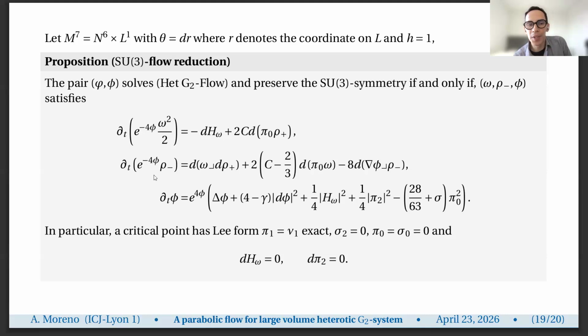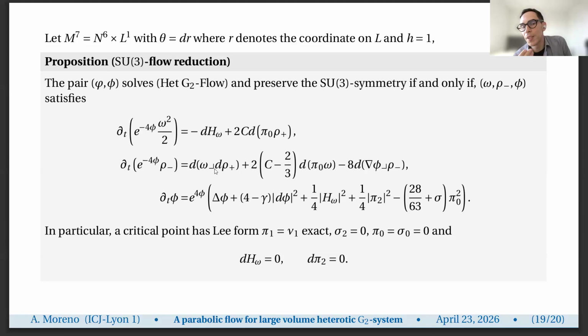The second equation, which is a flow equation for rho minus, the imaginary part, is also modified by pi 0, and it consists, up to modification, of a flow of type 2A. So what we found is that, up to these modification terms given by pi 0, the coupled equation is an interface between the anomaly flow, which is the type 2B flow, and some modification of the type 2A flow.